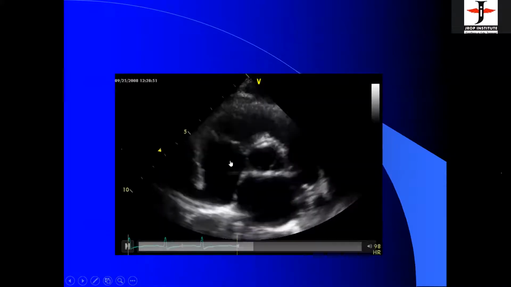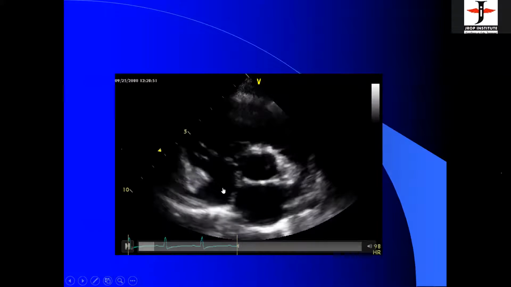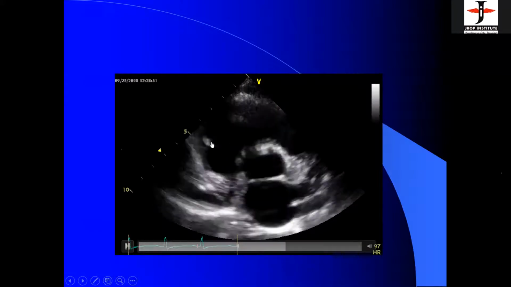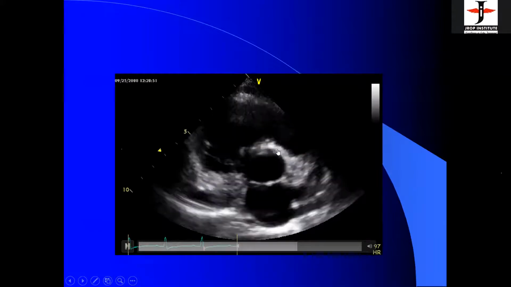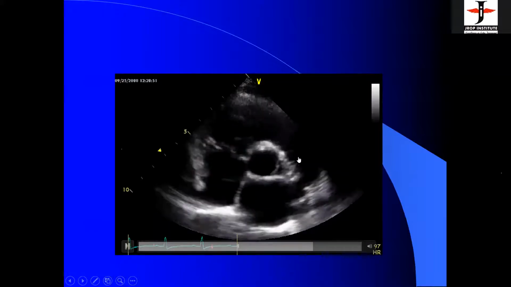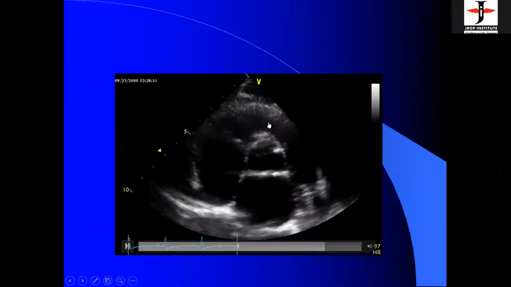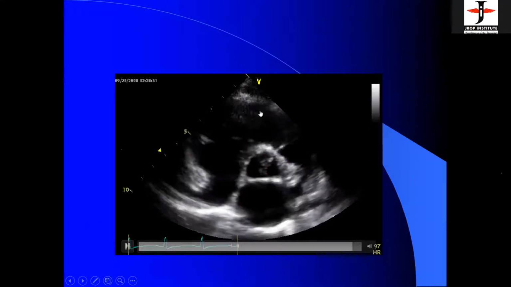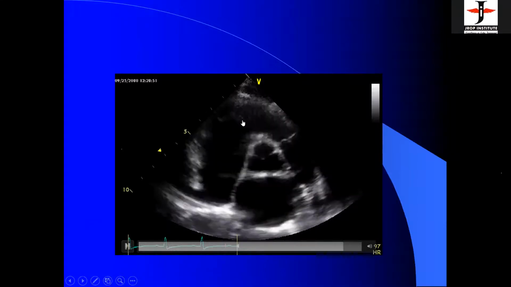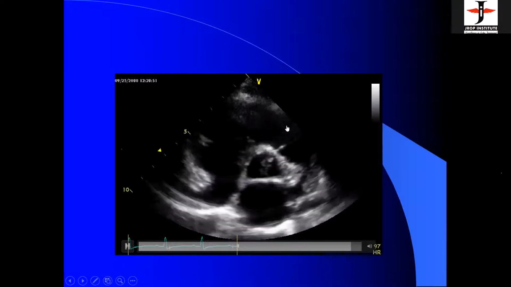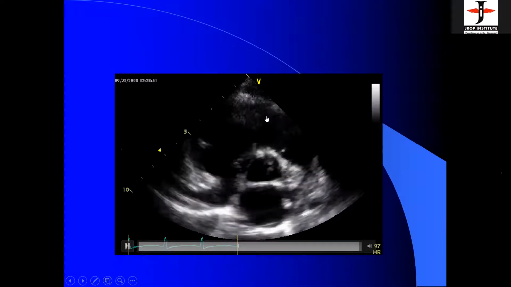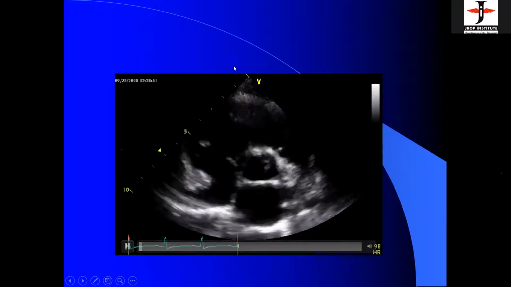For example, this is a short axis view. This is a right atrium. This is a tricuspid wall, RVOT, pulmonary wall, and pulmonary artery. Now, suppose you have to interrogate a pulmonary stenosis. Now, you see, the flow is going away from the transducer, but you are almost parallel to the flow.